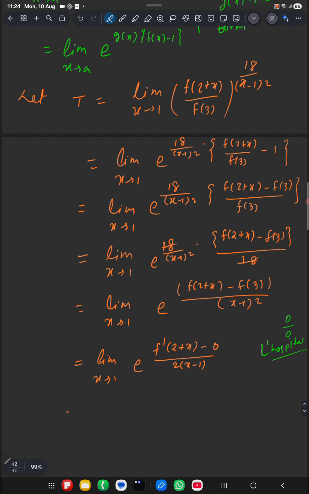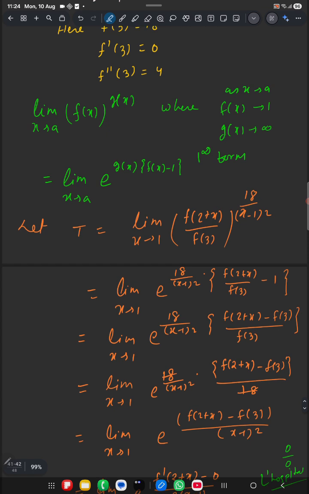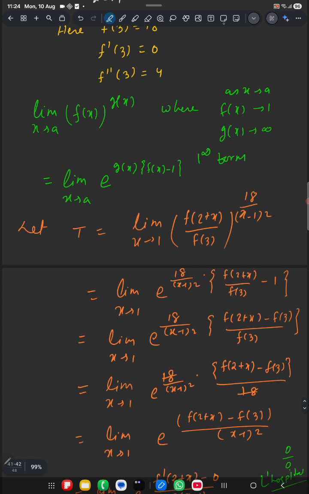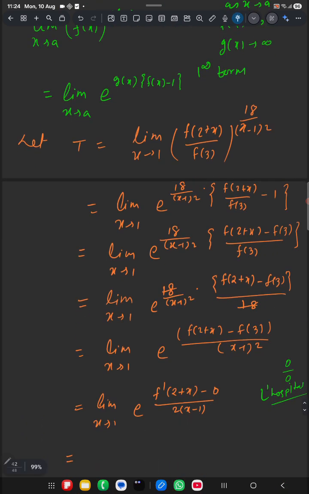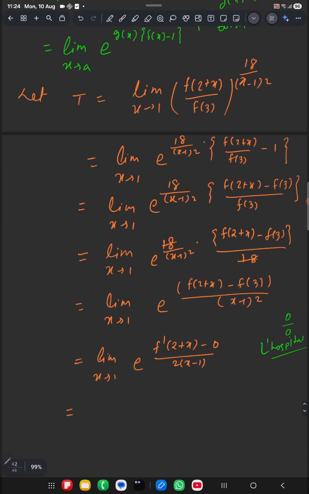Again here also you see, when you put x as 1, f dash 3 is given as 0. Can you see this? f dash 3 is 0, and x minus 1 is also 0. So again we have to apply the same L'Hopital rule once more. Limit x tends to 1, you can write it here also 0 by 0 format.